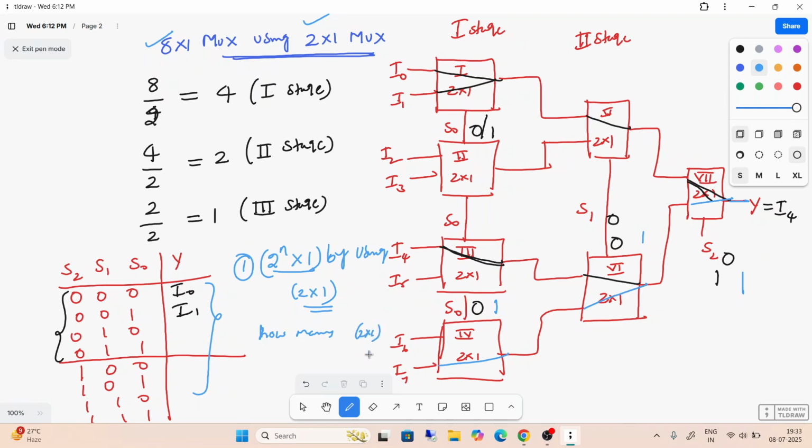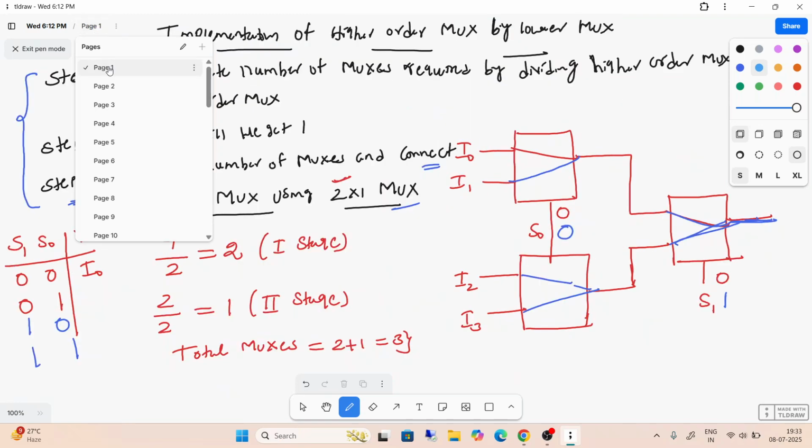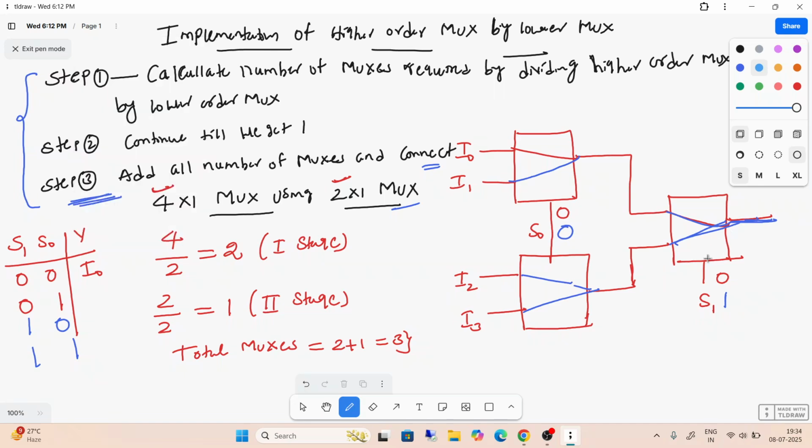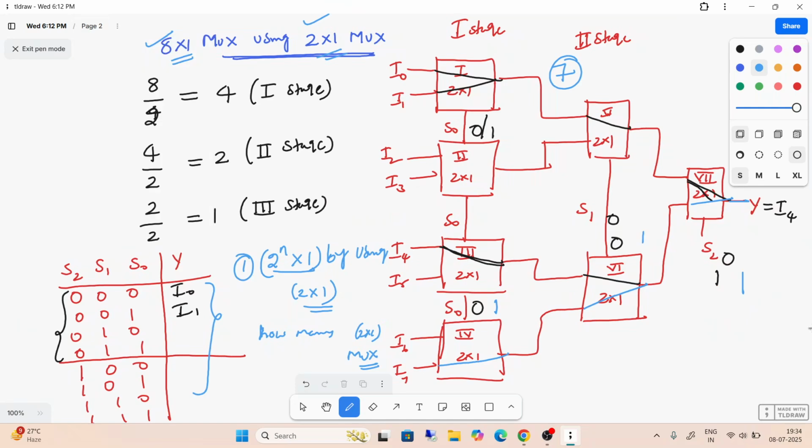Suppose 8x1 MUX by using 2x1 MUX, how many MUXes did you get? 7. Previously we implemented 4x1 MUX by using 2x1 MUX, and you got 3. So from this you tell me, in general, how many 2x1 MUXes are required to implement 2 power n x 1 MUX?